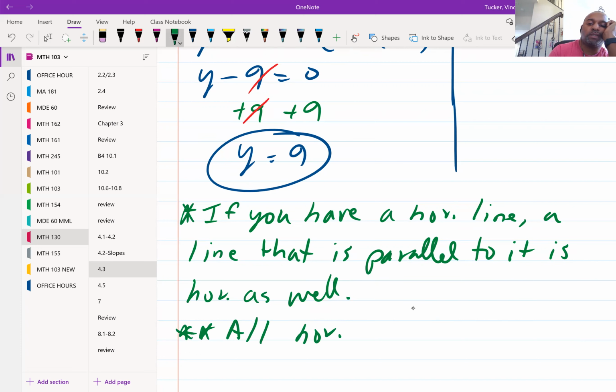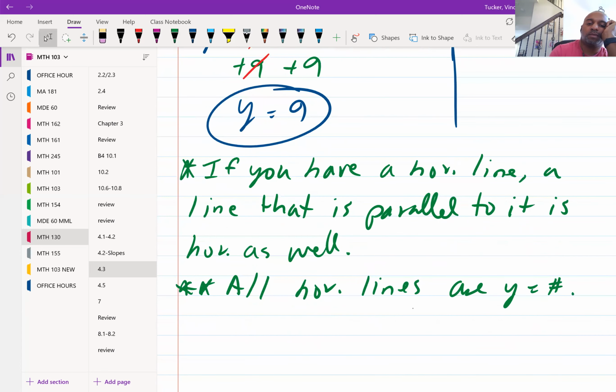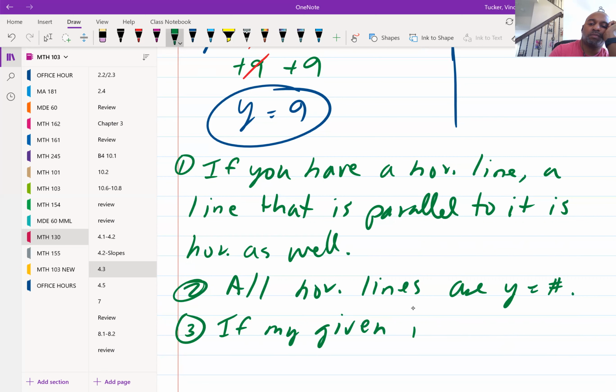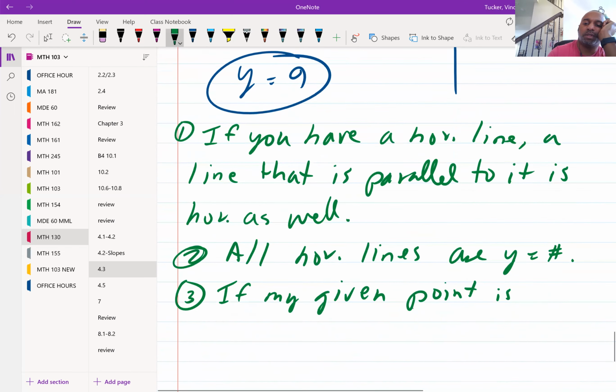All horizontal lines are y equals a number.